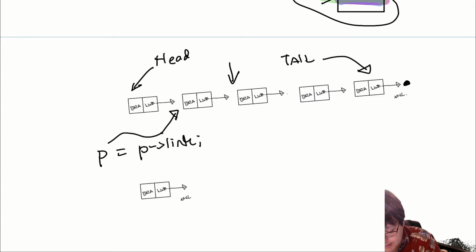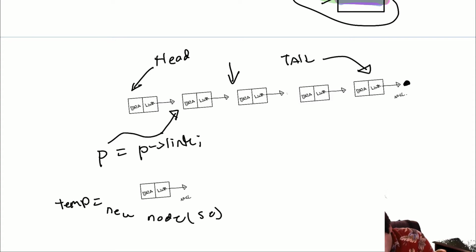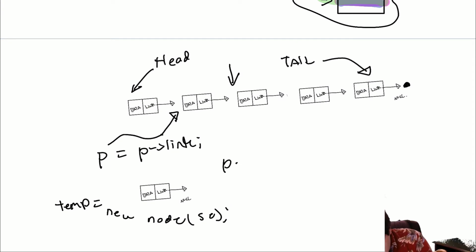Okay? So now, because I want to insert my node in there, which I've created by saying temp gets new node 50 or whatever, I naively, what a lot of people I see do the first time they're learning this stuff, is they go ahead and say P link gets temp.